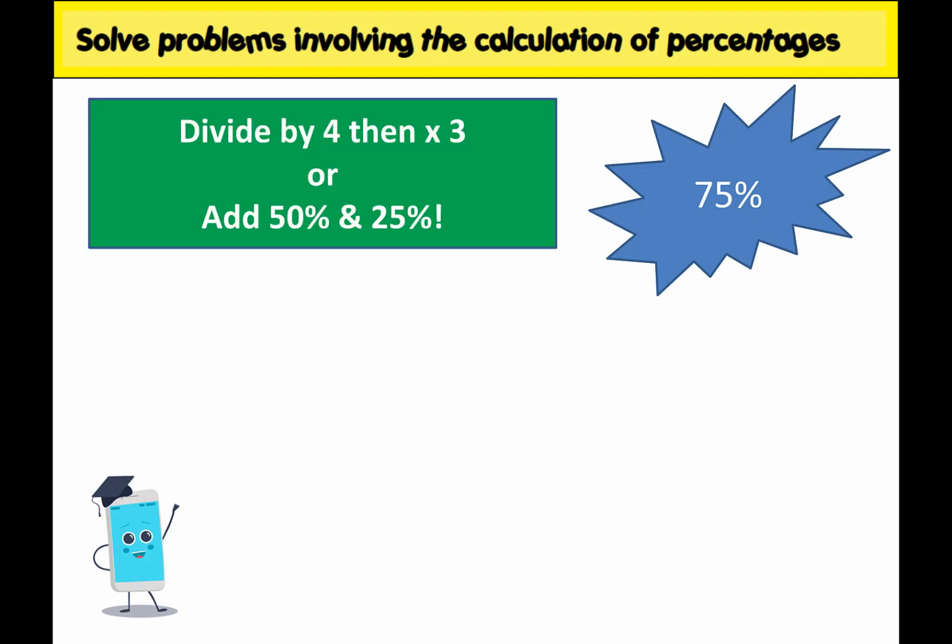So to find 75%, you could divide by 4, so you could find your quarter, find your 25%, and then find 3 lots of that. So divide by 4, then multiply by 3, which is the same as finding 3/4 of something. You divide by the denominator and multiply by the numerator. Or you could find your 50% and find your 25% and add them together, and that will give you your 75%.